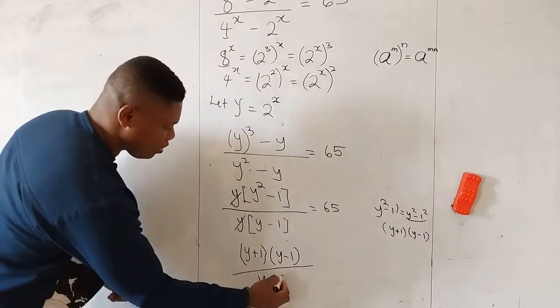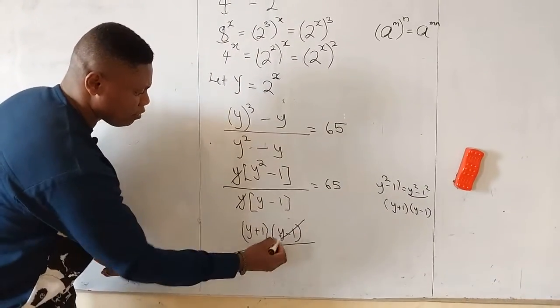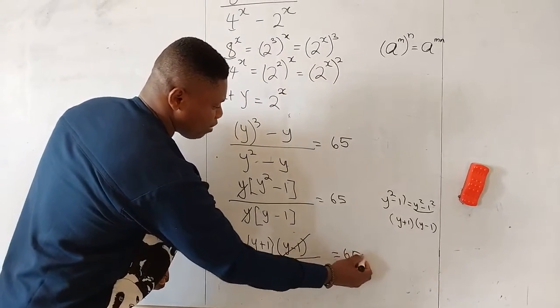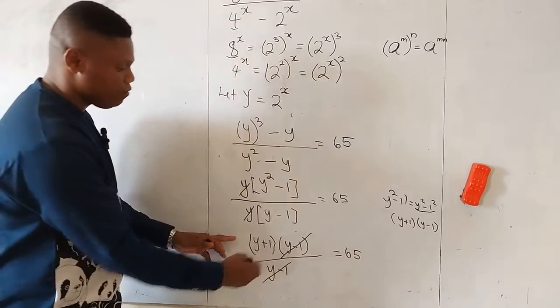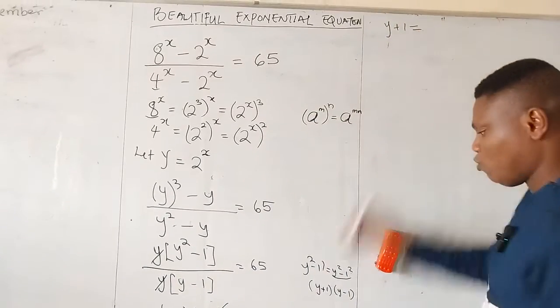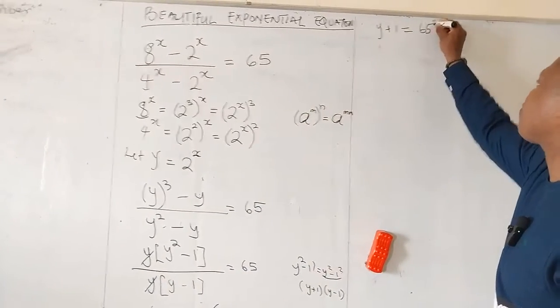All right, so now you see that y minus 1 can go into y minus 1. Let's not forget the 65. They are all equal to 65. So therefore, I can now say that my y plus 1 is equal to 65.